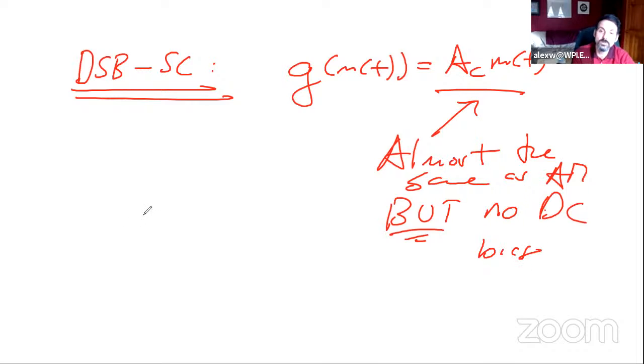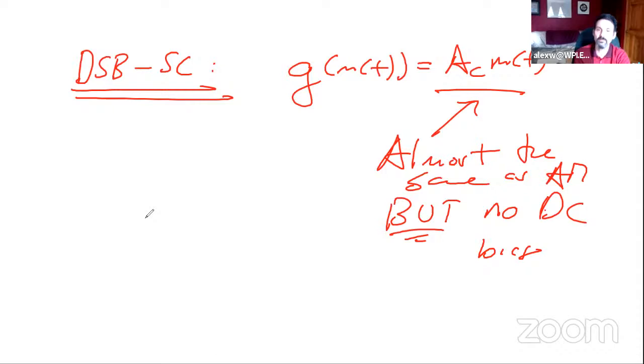So what ends up happening is we have almost the same type of waveform as an AM waveform. The baseband waveform is real, unless AC is complex or m(t) is complex. But if both are real, you have a real baseband representation.